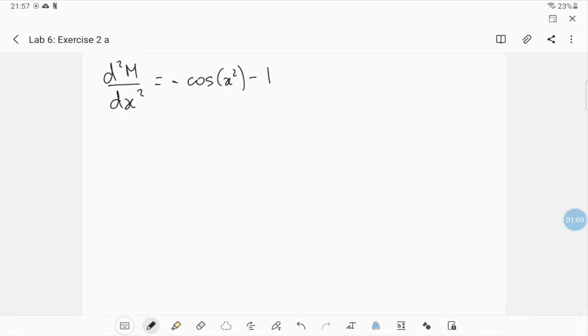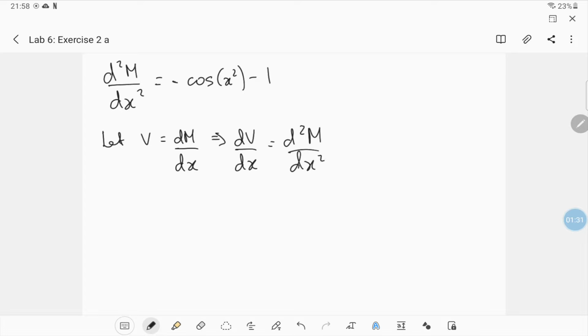Okay, so what you did, which was good, was you said essentially that v is the first derivative of bending moment, which is actually the shear force, and then if I differentiate both sides here, this is stuff that you've done well. We'll be able to write this boundary value problem, which says that the bending moment at 0 is equal to the bending moment at 6, which is equal to 0, as two first order initial value problems.